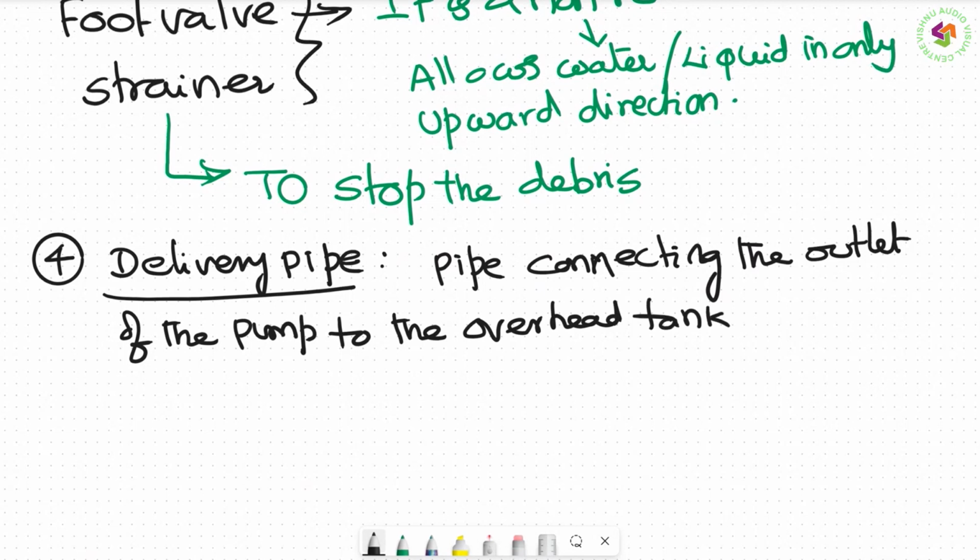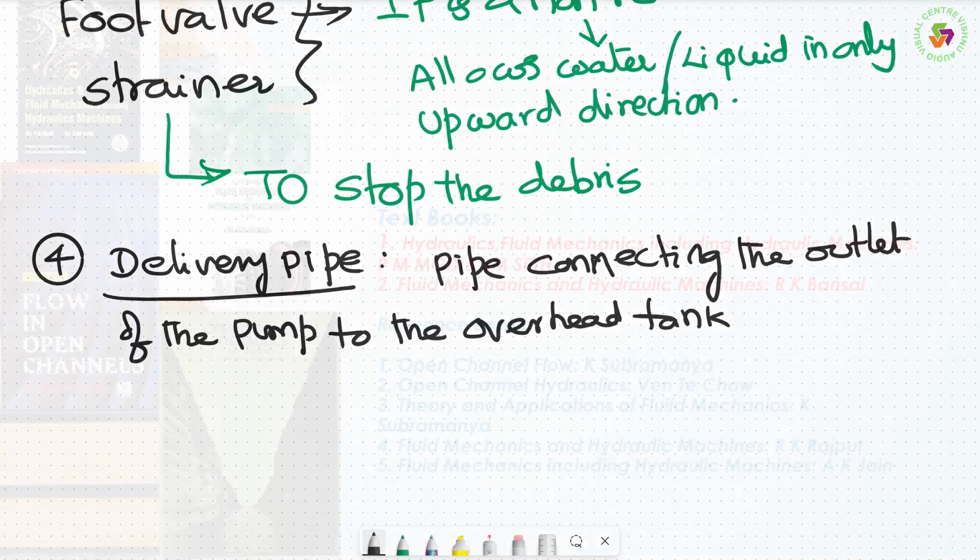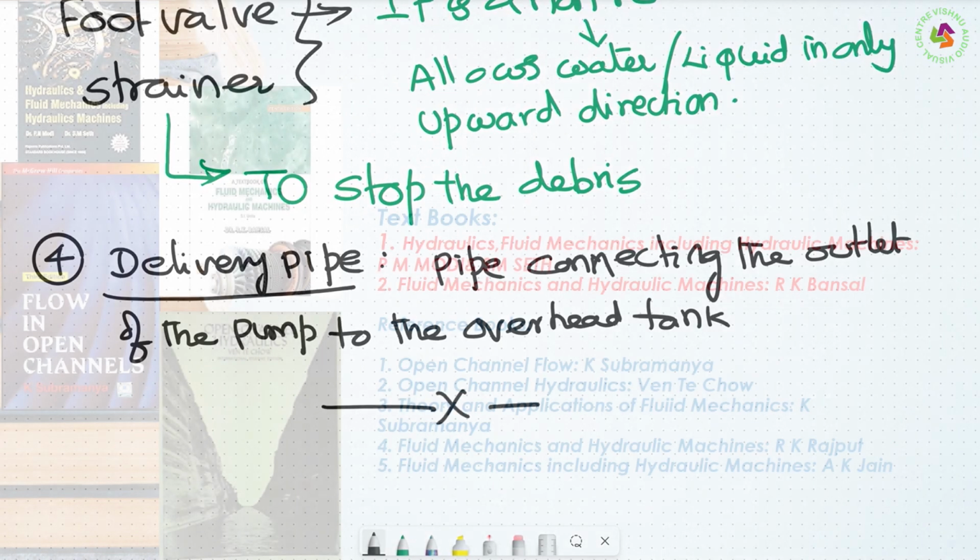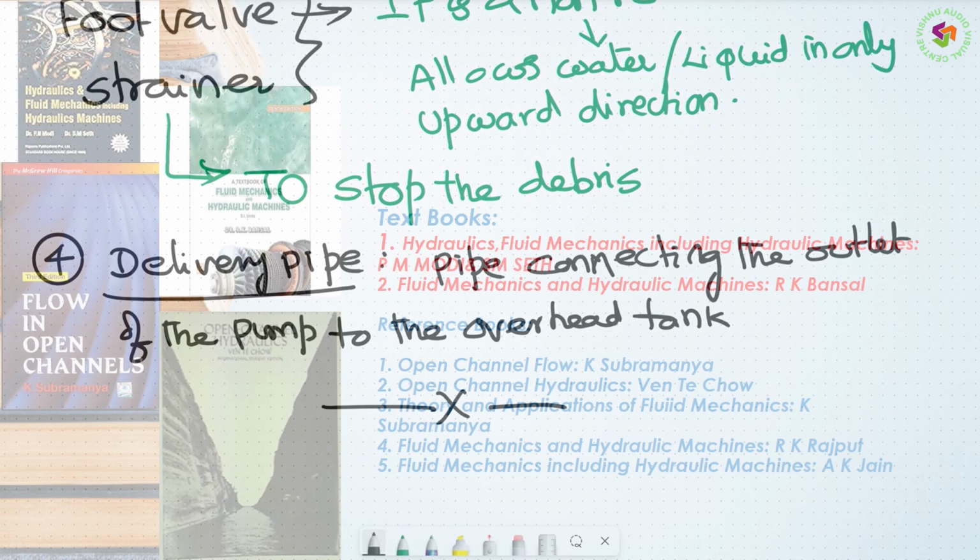This is what we call the delivery pipe. The pressure in the delivery pipe is always greater. Under pressure only, the water is supplied. So there will be a delivery valve which regulates the flow in the delivery pipe, and water will be supplied. So these are the four components of a centrifugal pump.